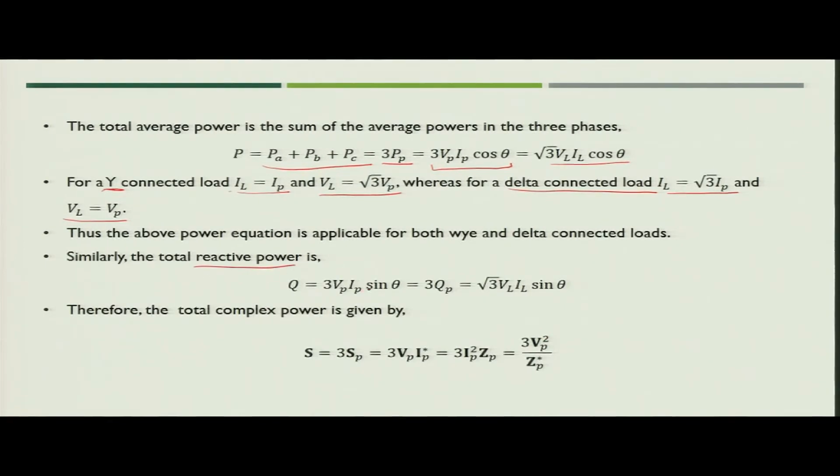Similarly, the reactive power will also be equal to root 3 V_L I_L sin theta, and the complex power you can write as 3 times S_P, that means for the complete system, if S_P is per phase, then total complex power will be 3 times S_P, that is 3 times V_P into I_P conjugate, or you can simplify it and get 3 into V_P square by the load Z_P conjugate.